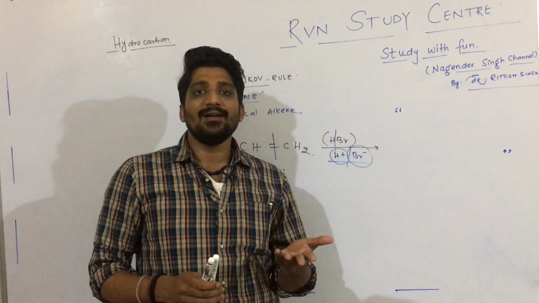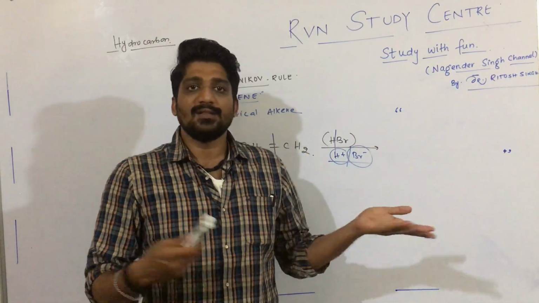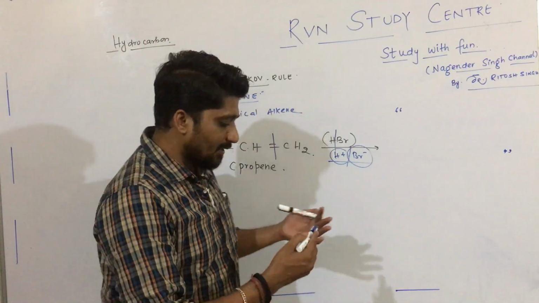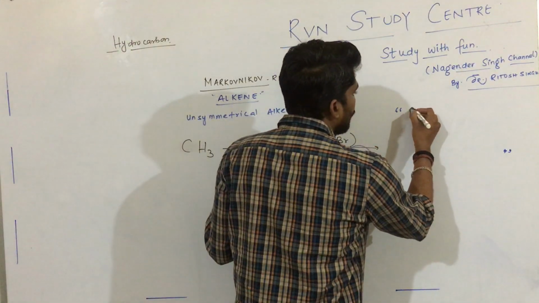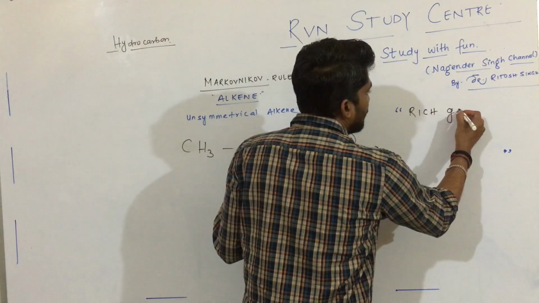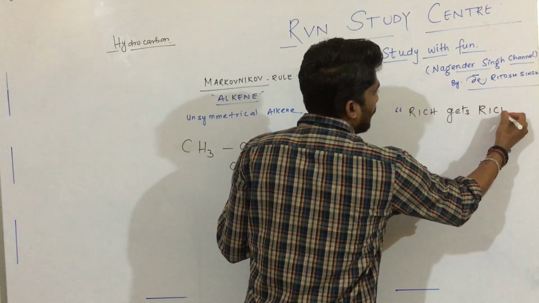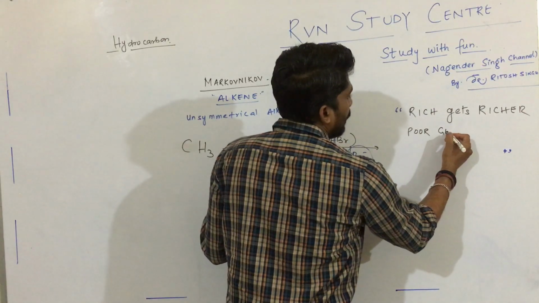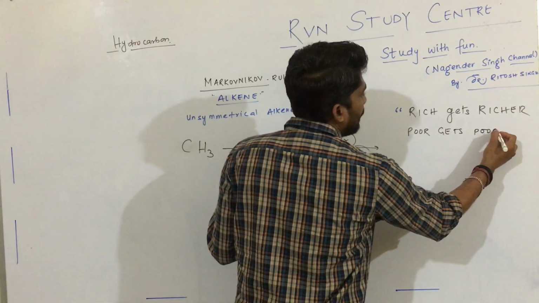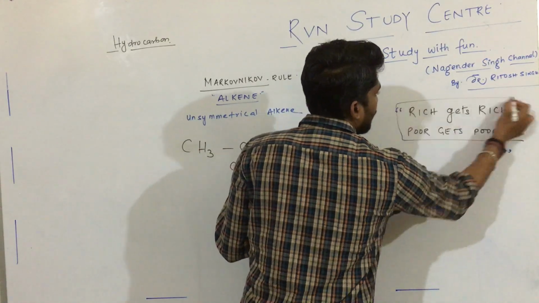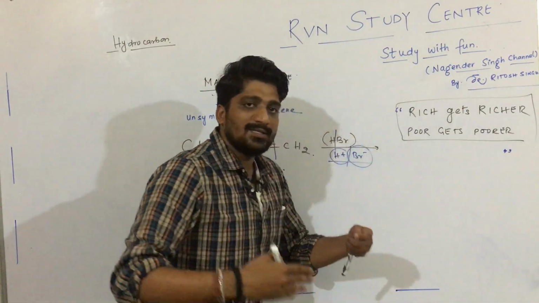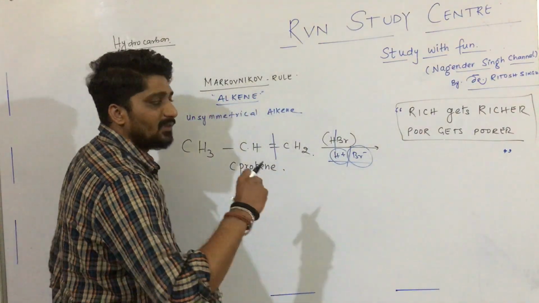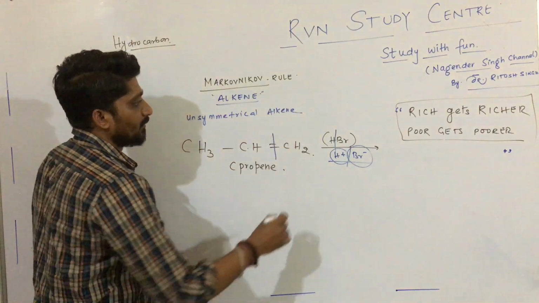You can't create a shortcut which is nothing related to your life, and then you will end up forgetting it. So: rich gets richer, poor gets poorer. This is our democracy.